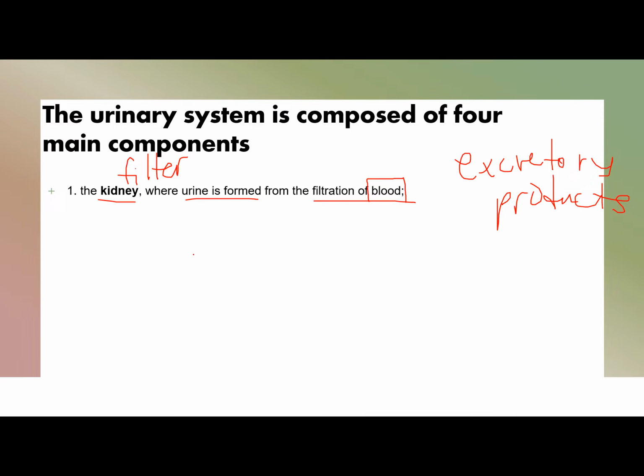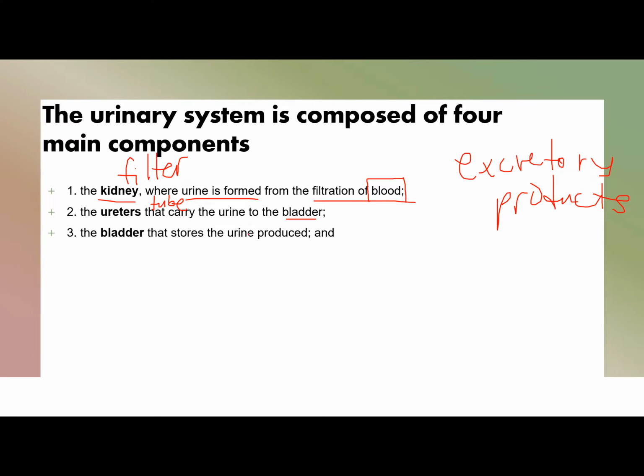Now, the second component is the ureters. They carry the urine to the bladder. The ureters serve as a tube or a passageway that carries the urine from the kidney to the bladder. The third one, the bladder, stores the urine produced.